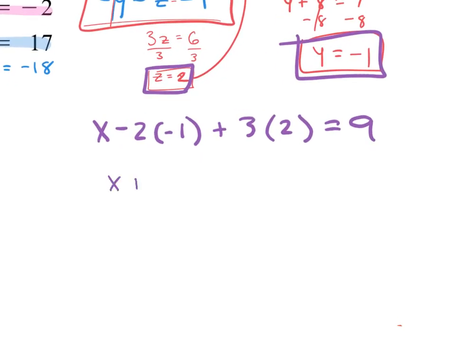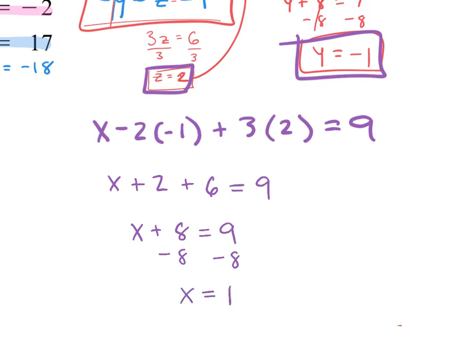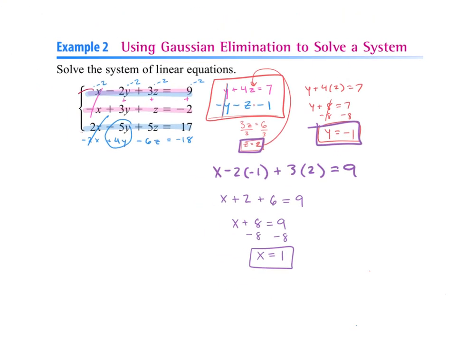So x plus 2 plus 6 is equal to 9. And combine like terms. X plus 8 is equal to 9. What do we get for x? 1. Awesome. So we got our x, our y, and our z. How do we write our answer? 1, negative 1, 2. Our x, our y, and our z.